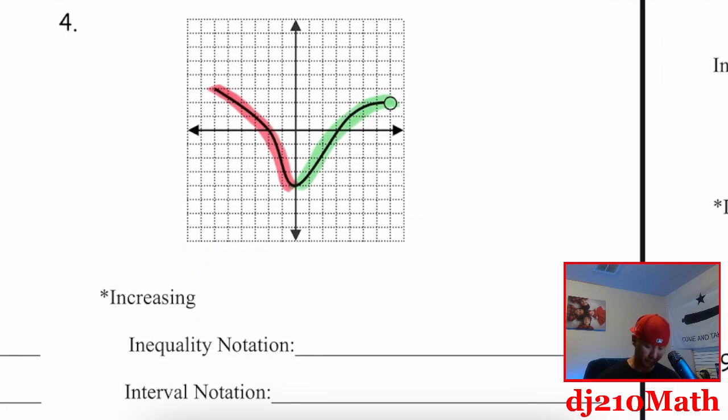So starting with increasing, the interval is going to start at 0, right? Because we always talk in terms of x. 0 up to 1, 2, 3, 4, 5, 6, 7. From 0 to 7. And it's always parentheses no matter what. The inequality for this, x needs to be between 0 and 7.